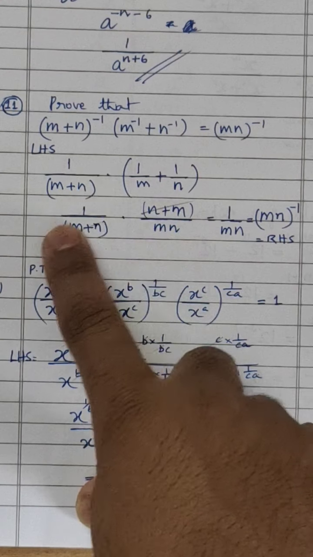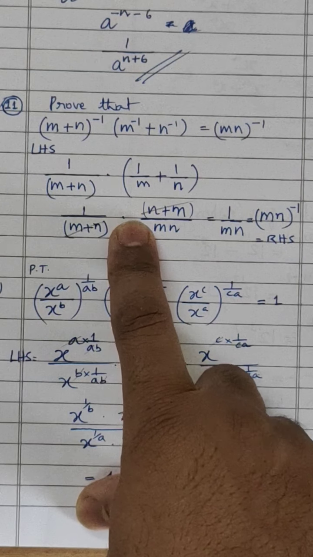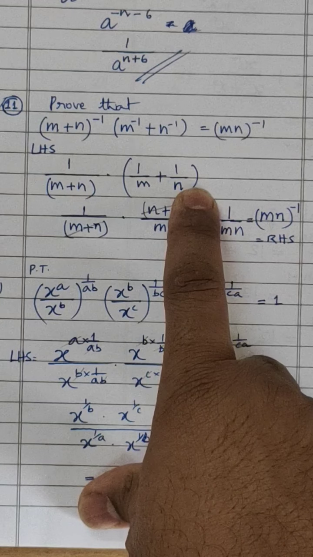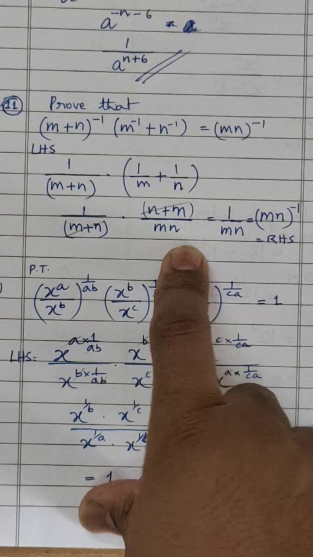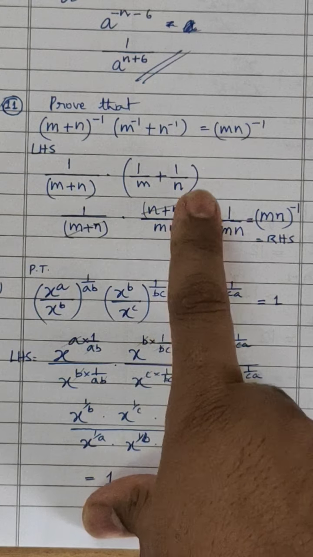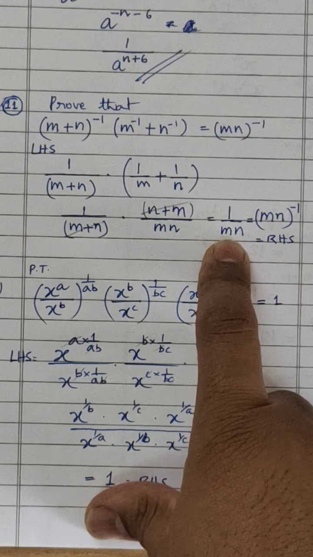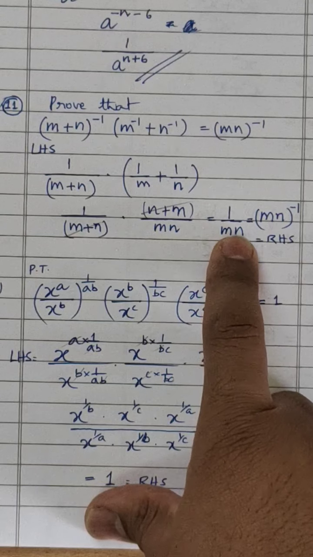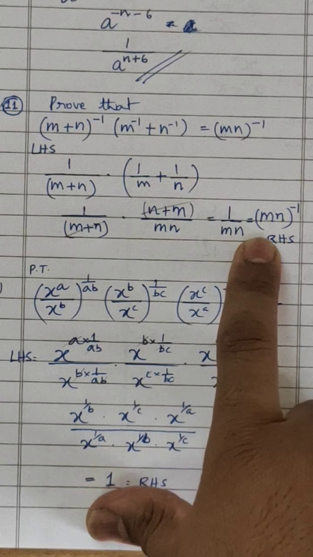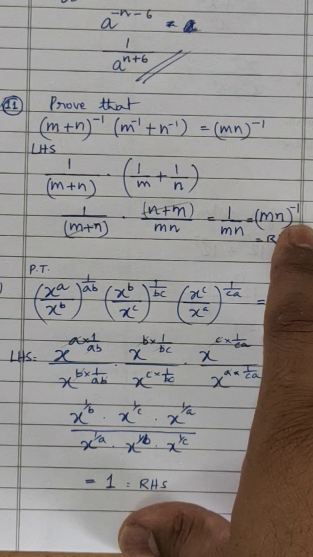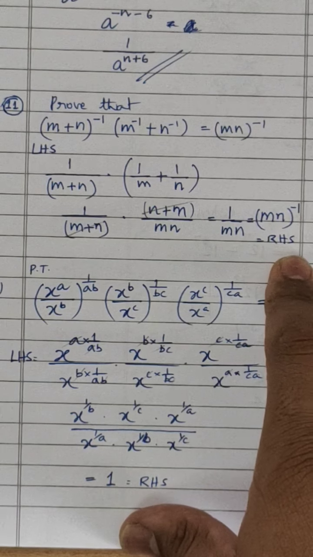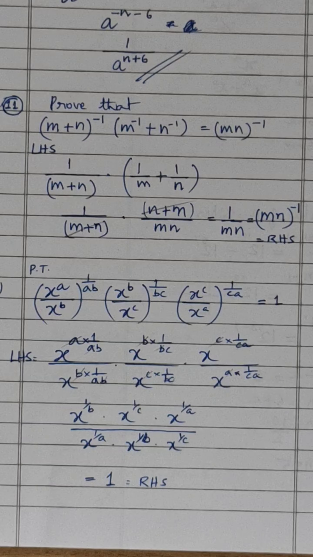So here we are keeping this as it is into, when you take the LCM in between these two, that will become mn, then n plus n. This n plus n and m plus n got cancelled. We got left out with 1 divided by mn. When you take this to the numerator, that has become mn to the power of minus 1, which is equal to RHS.